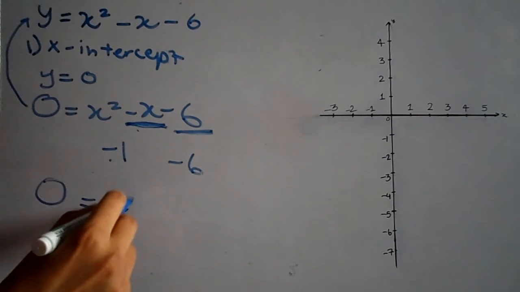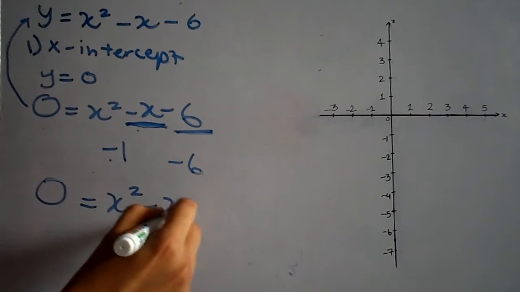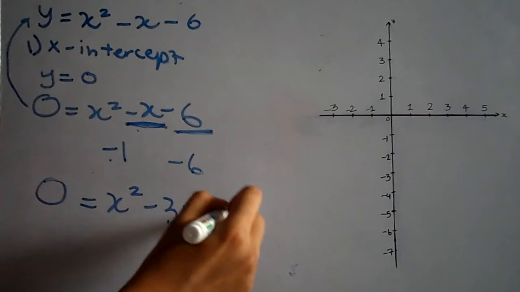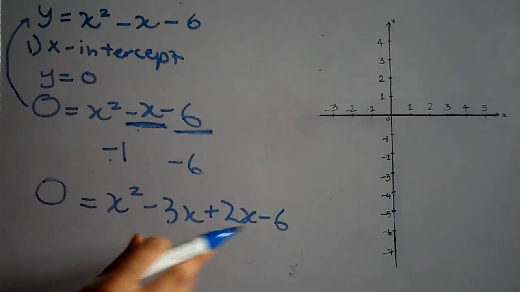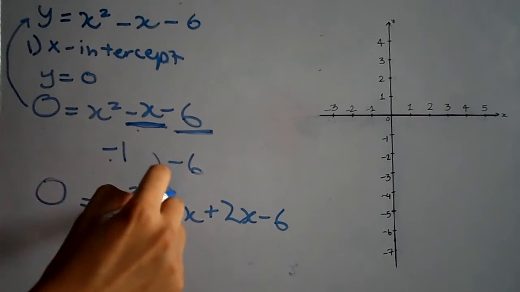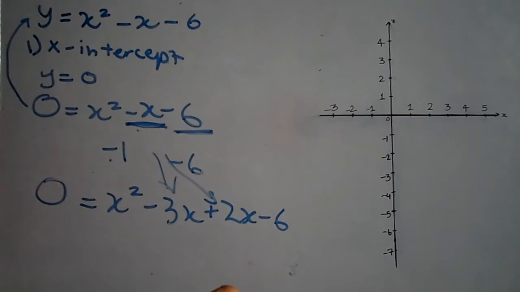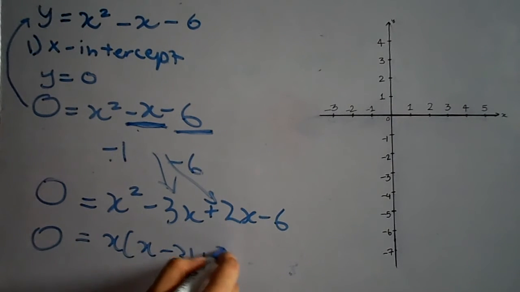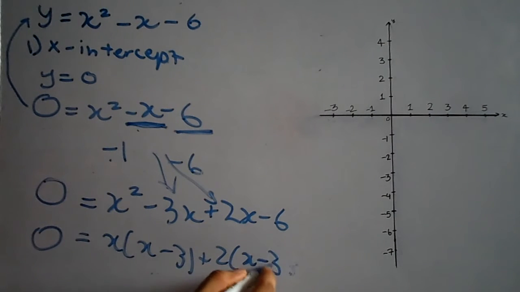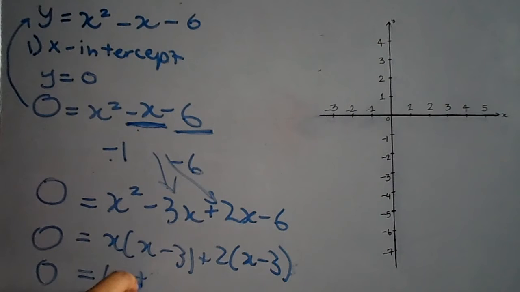So you can just write it out. 0 is equal to x squared minus 3x plus 2x minus 6. So I have just expanded it, I've just included the two numbers that we got. Then 0 is equal to x(x minus 3) plus 2(x minus 3), and then 0 is equal to (x plus 2)(x minus 3).